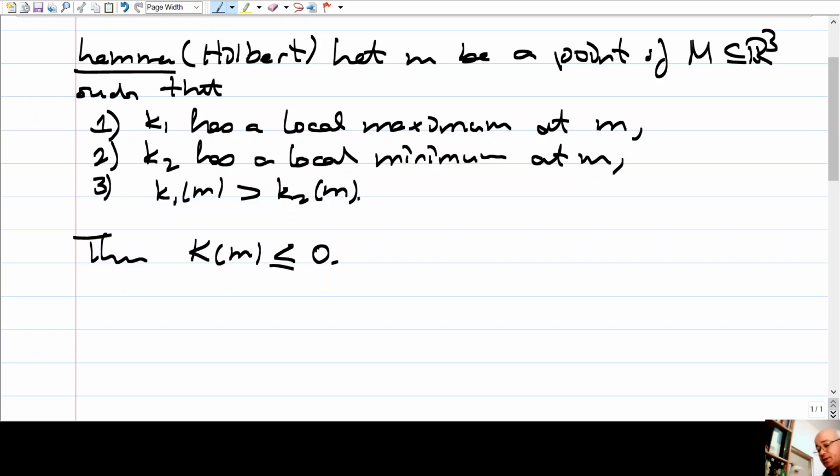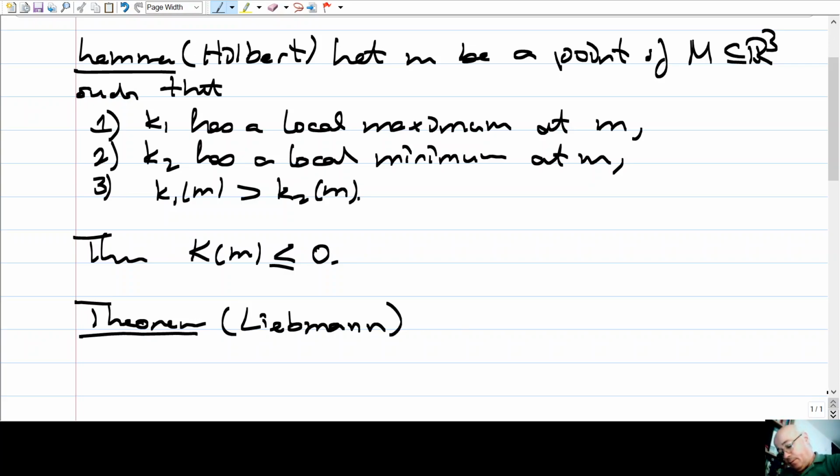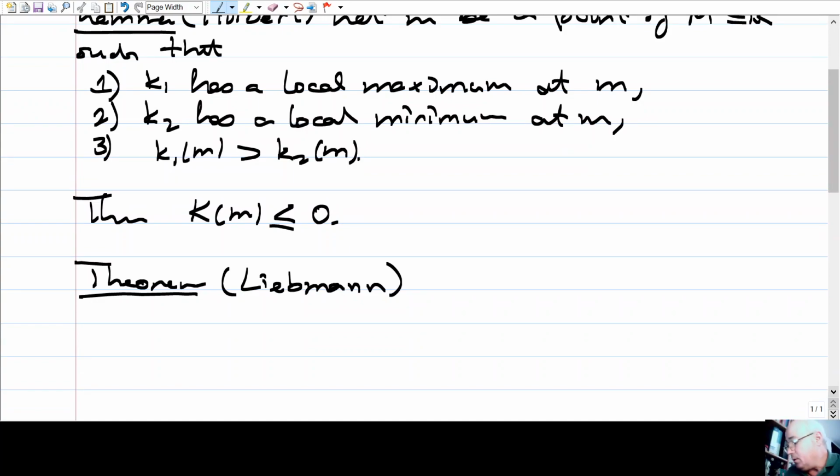We proved this last time. Today I'll use it to prove the following theorem, so-called Liebmann's theorem. So theorem due to Liebmann. This is a characterization of sphere in geometrical terms.